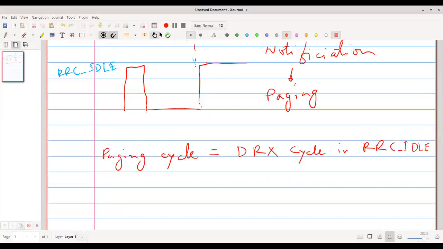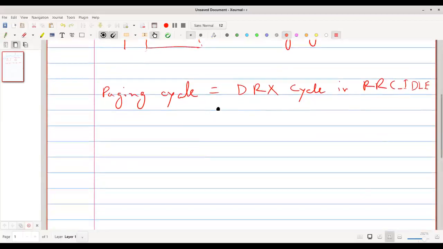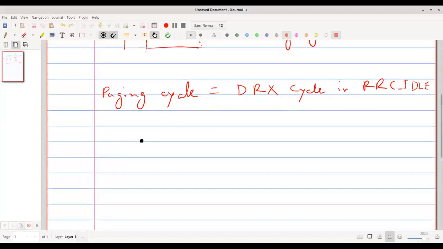Okay. Now we'll discuss DRX for the RRC connected state. In connected state, you already have a data session up, and in this case, you have some packets coming in. Say one packet comes in here.